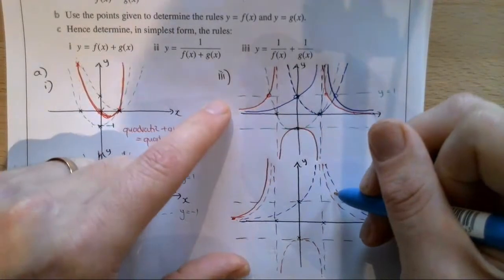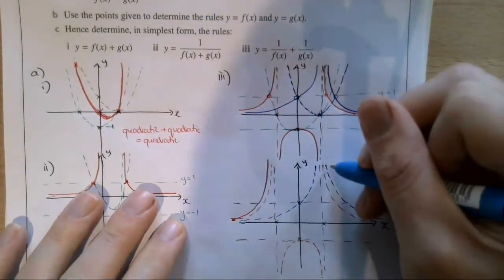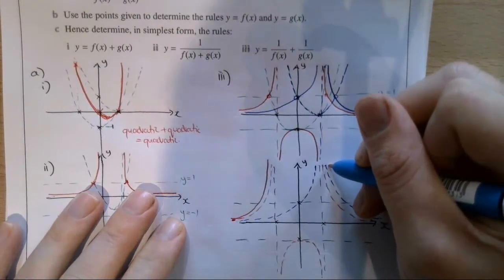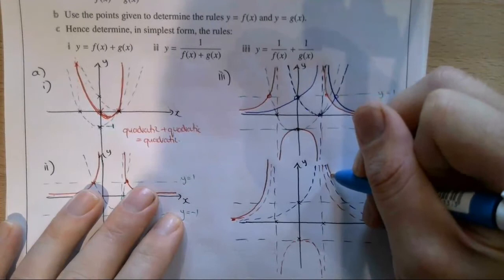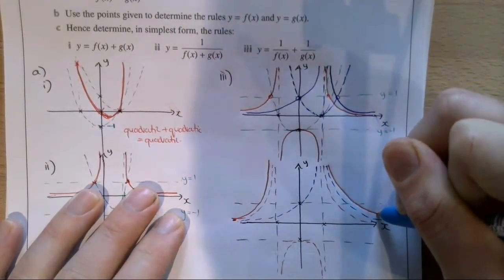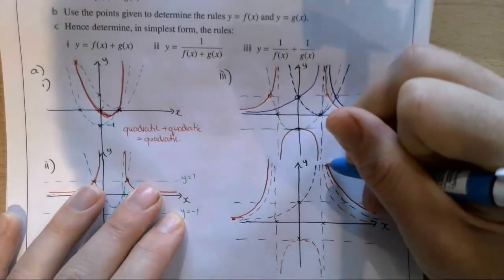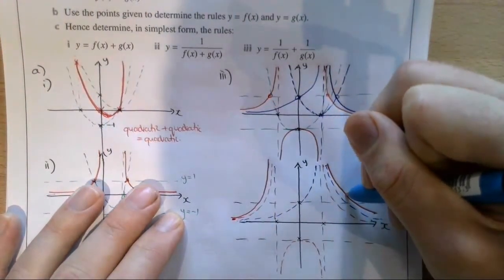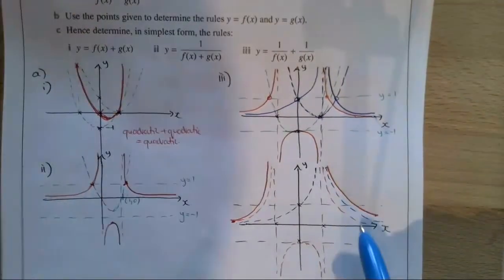Then over here they're both positive, so when I add them together it's going to be bigger than both of them. So I'm going to have an even larger version of the asymptote. So I've got these three curves, which all have the same asymptotes, but they pile on top of each other, 1, 2, 3.